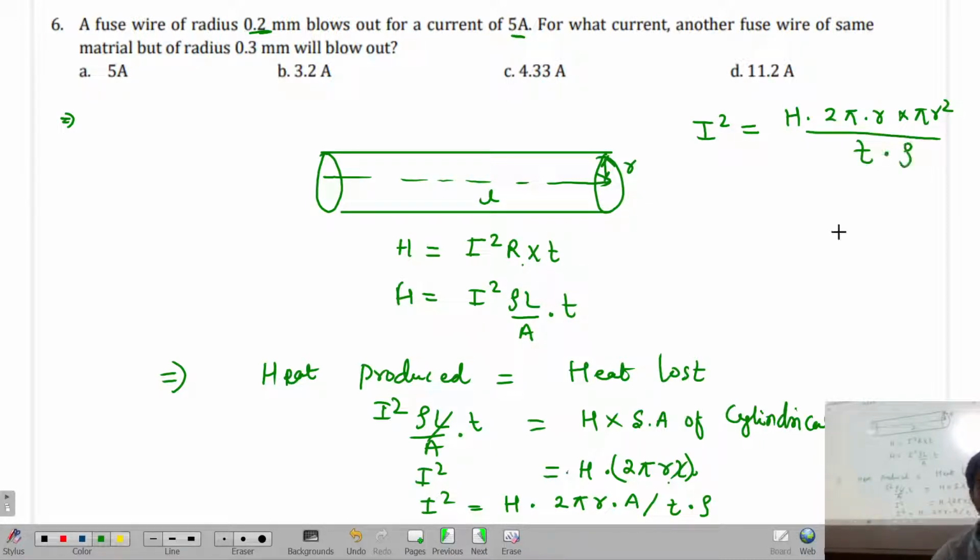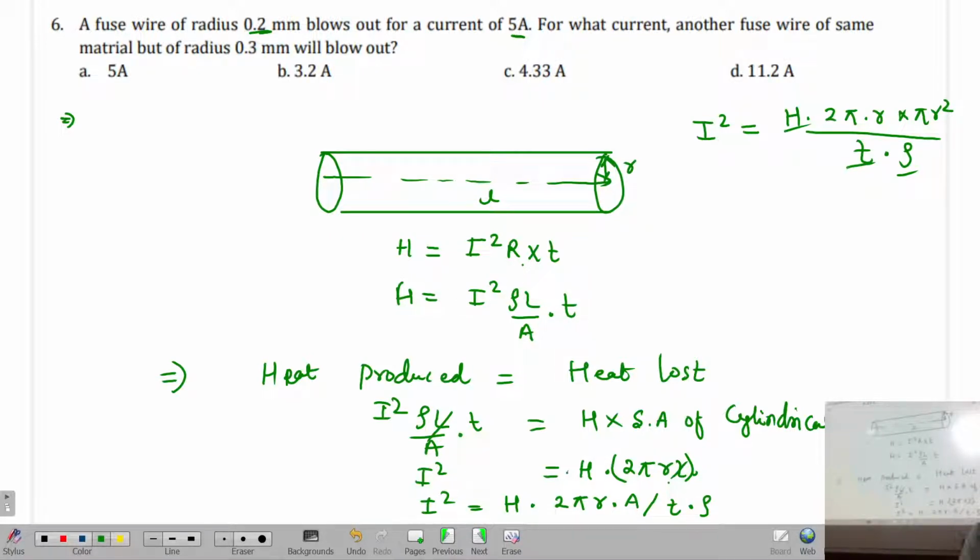time into resistivity rho. Time remains constant, resistivity remains constant, heat remains constant, radius of the wire varies or not. So if someone asks you that in a wire of radius r, how the current varies.